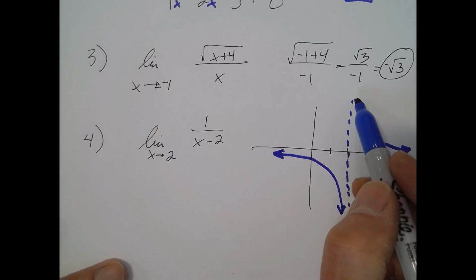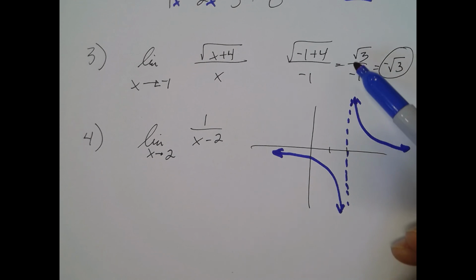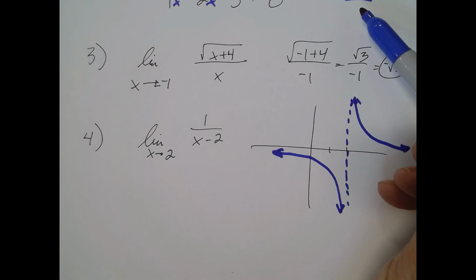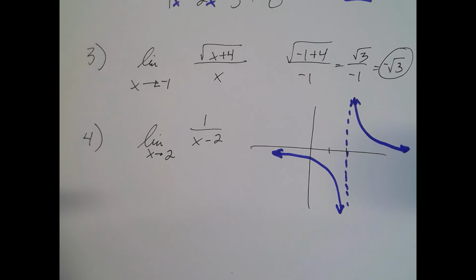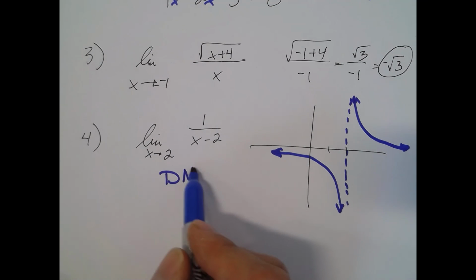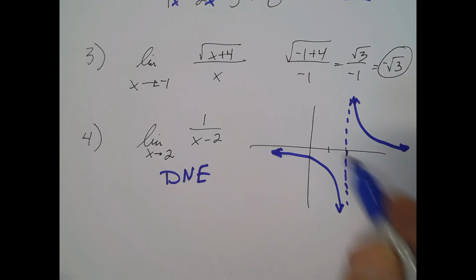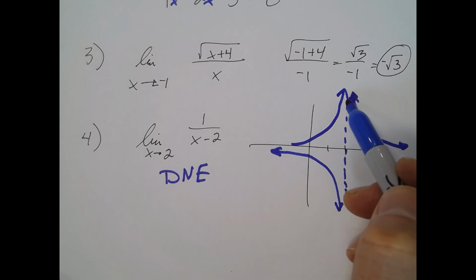All right, so what is the limit as x goes to 2? Well, from the right, what's it going to? Infinity, very good. And from the left, it's going to negative infinity. So since they are not converging to the same finite number, then you would say does not exist. Even if it was like this, they both would be going to infinity.